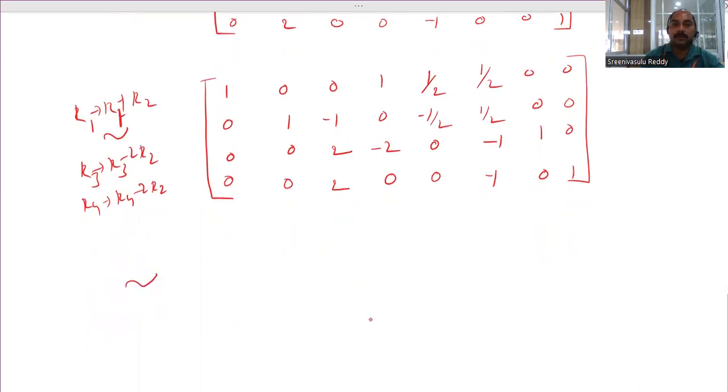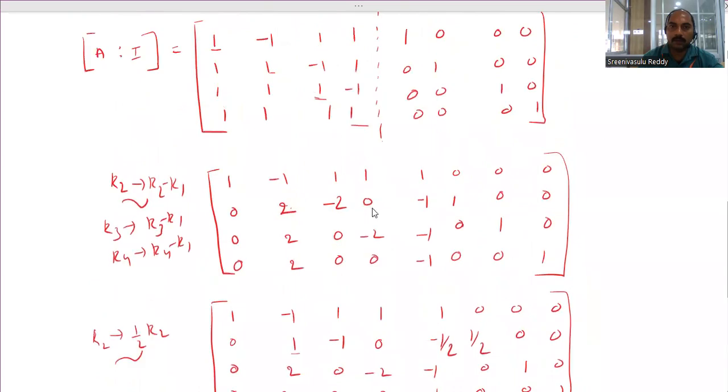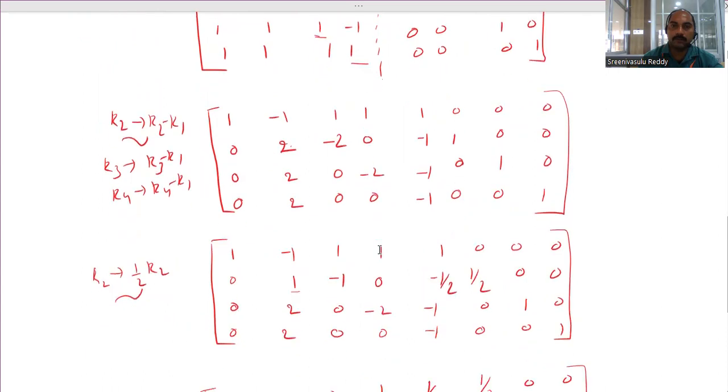Which is equal to next diagonal element make into 1. So it is better to make first here 1. Somewhere I made a mistake because here we get 1 immediately. R1 minus R1, 0.